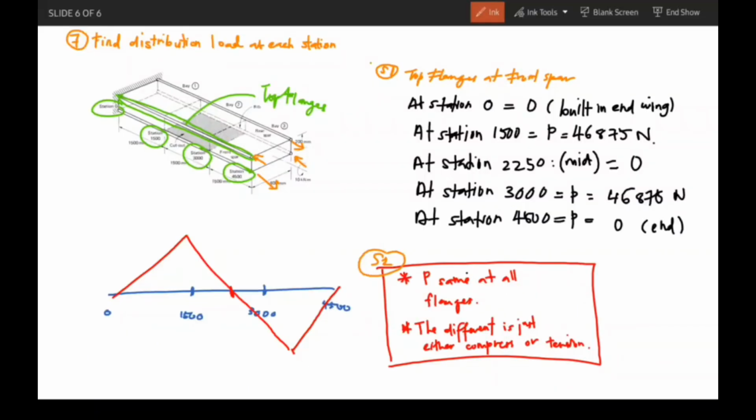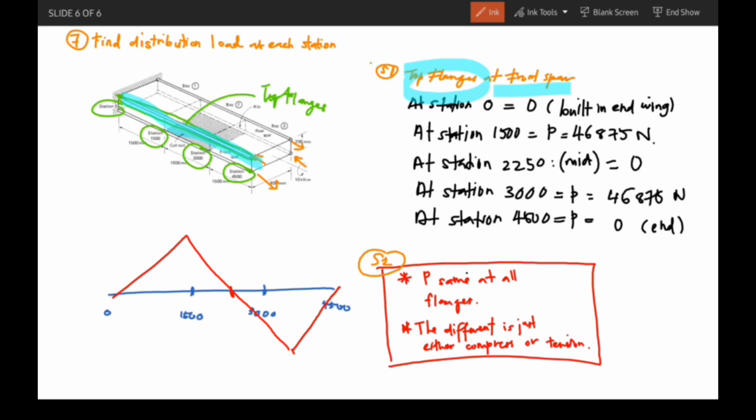So that's all. Next, the last step is an extra step to find the distribution load at this station. Actually, we need to find the distribution load at each flange, but for now, we just find it at the top flange of the front spar, here. This one. Okay.